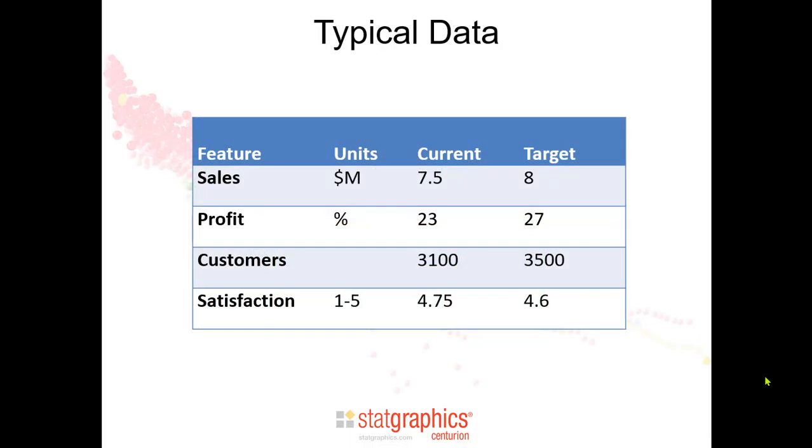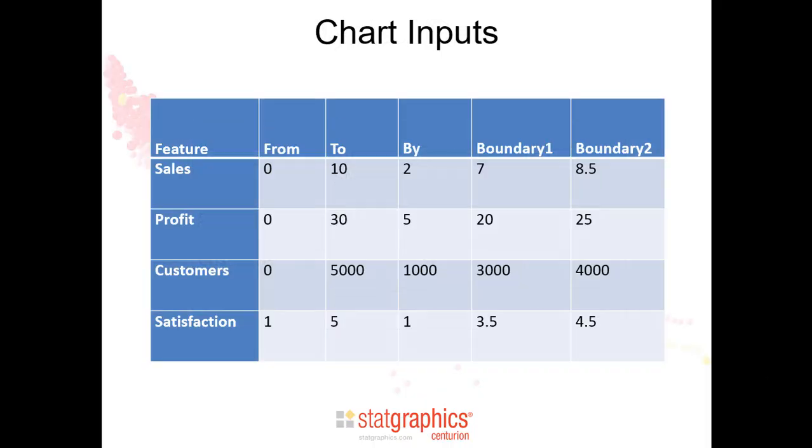To create a bullet chart, we start by defining the features to be put on the chart. We include a name for each feature, the units in which it's measured, the current value, and the target value. We then define the scaling and regions for each feature.